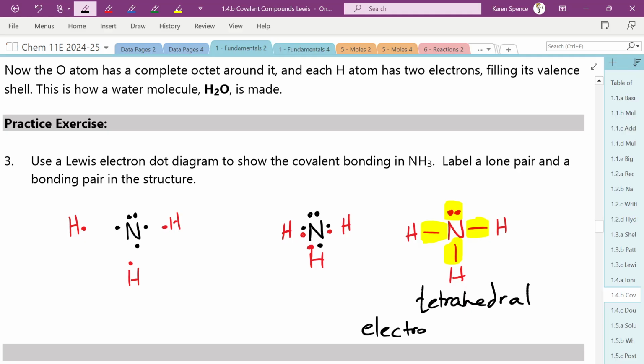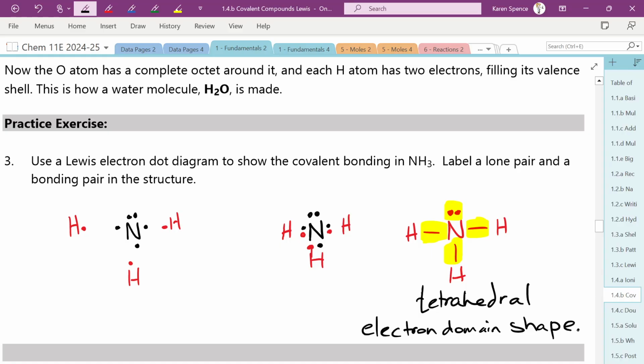Electron domain shape. So it would be just like the bottom part of the tetrahedron, right? With a lone pair. Yes.